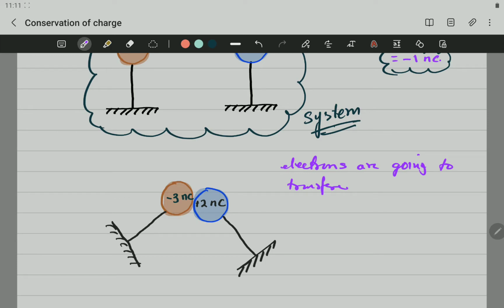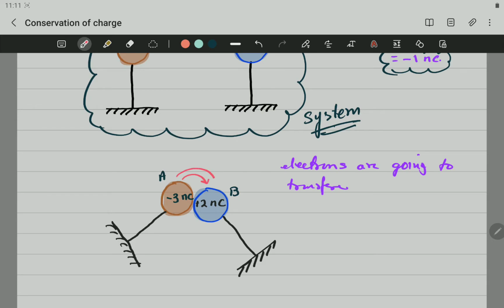Remember, the first one was object A, and this one is B. The electrons will move from object A to object B.